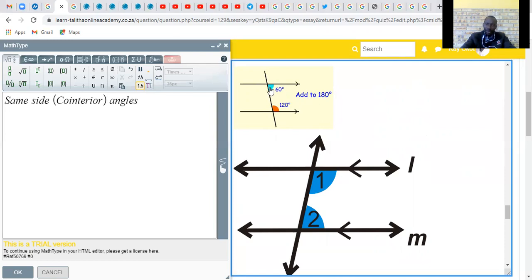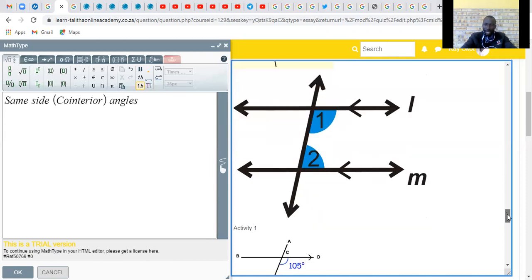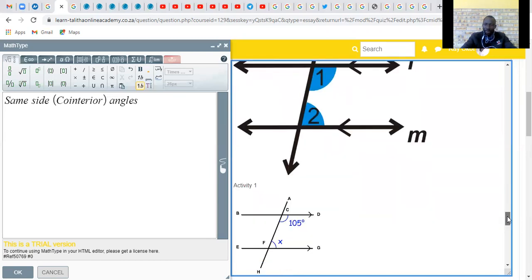They can be represented this way, where the line is slanting as indicated here, or with a line slanting forward. This second line is slanting forward. These two angles add up to 180 degrees.